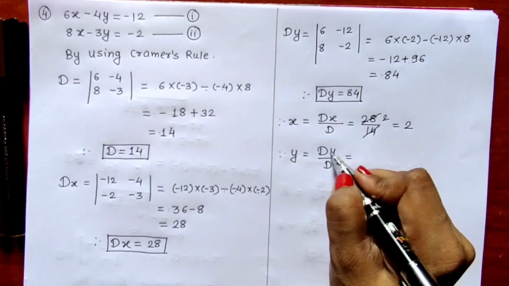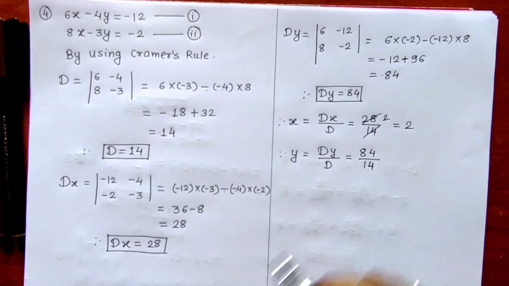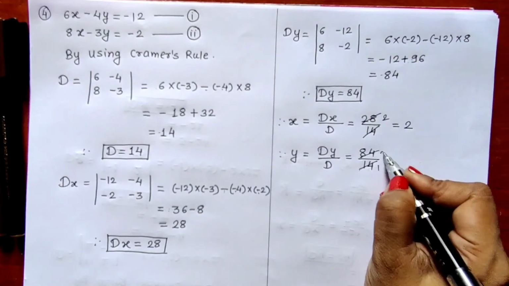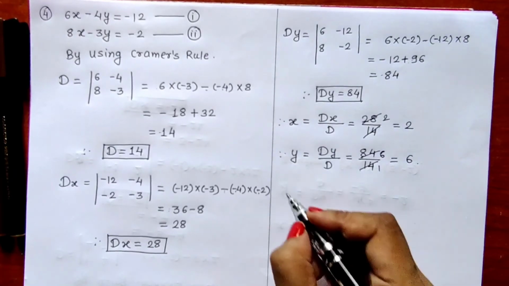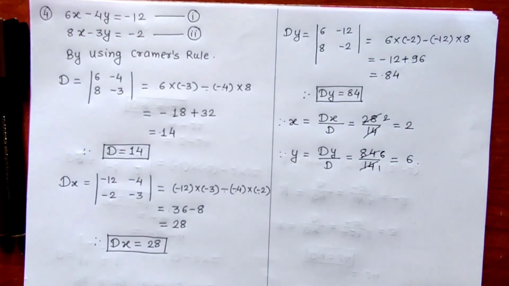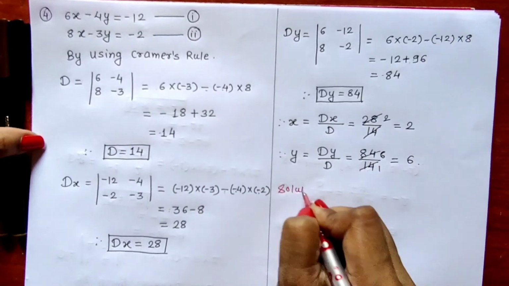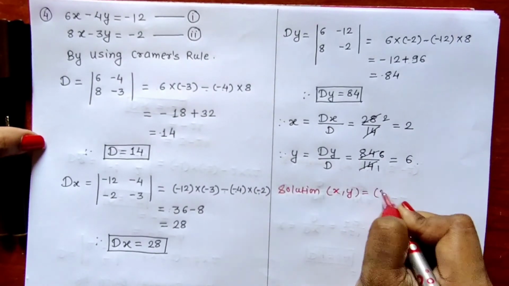It is very important to write. dy is 84, d is 14. 14 ones are 14, and 14 6s are 84. And therefore we have got the solution. x, y is 2, 6. Solution: x, y is 2, 6.